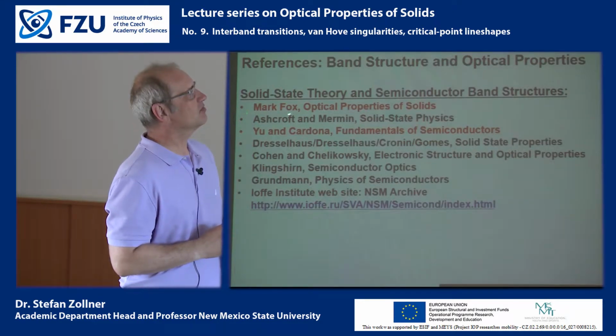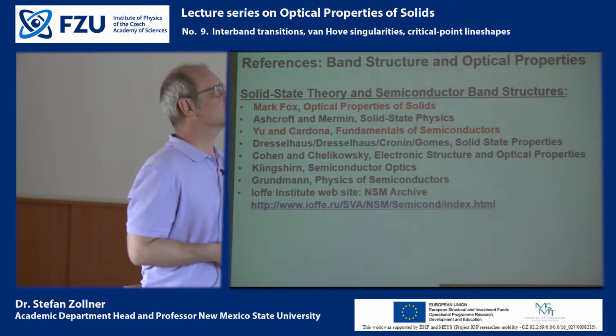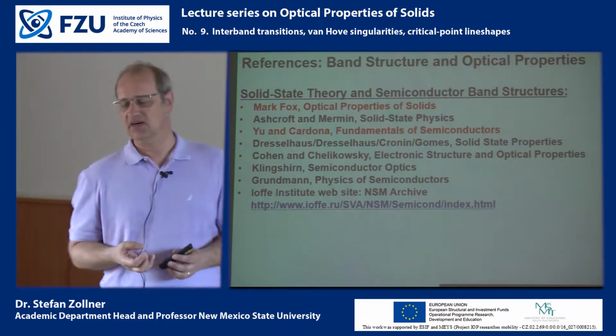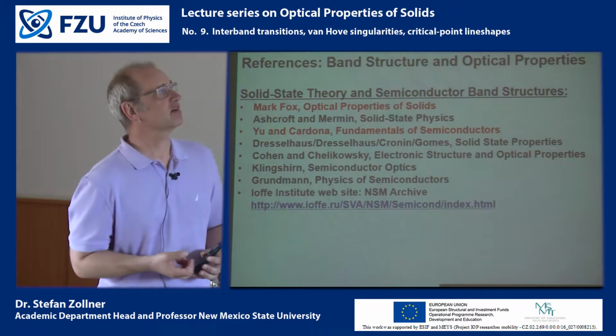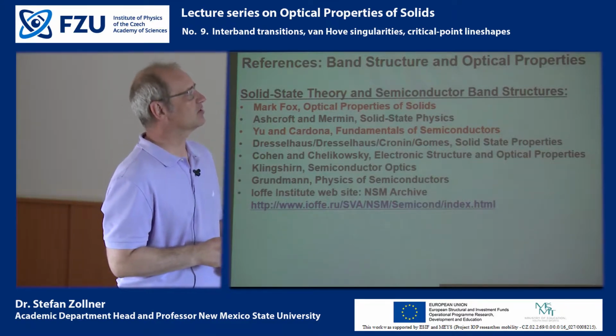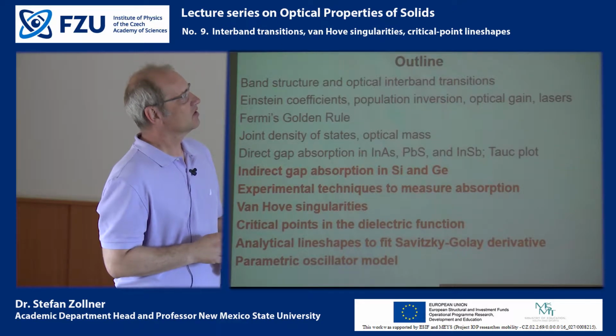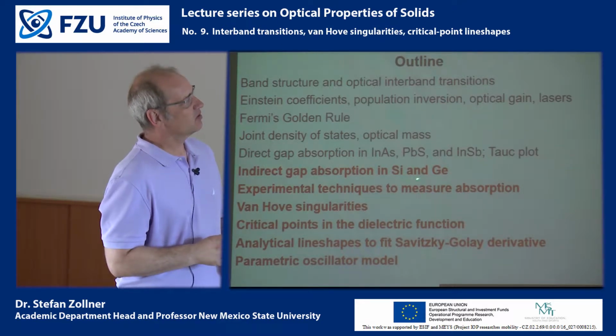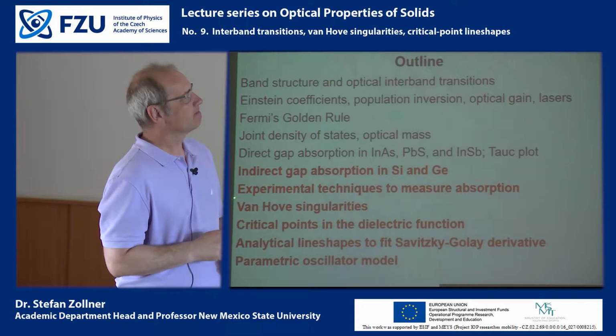The simpler examples are from Mark Fox's book on optical properties, but the more in-depth material is taken from Ewan Cardona and also from some original papers where I will give you the references. We will start by looking at the indirect gaps in silicon and germanium.